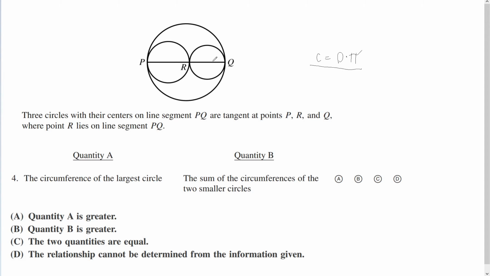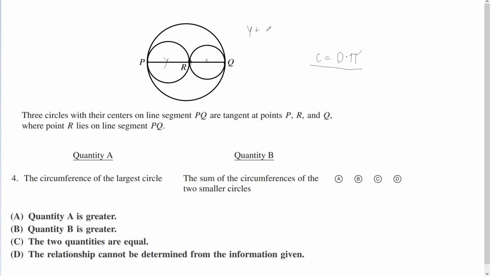So let's start by calling one of these different variables. Let's call this diameter x, let's call this diameter y. So from here to here is going to be y, and from here to here is going to be x. So x therefore represents the diameter of the circle that's created here. Y is the diameter of this circle, and then y plus x is going to be the diameter of the largest circle.